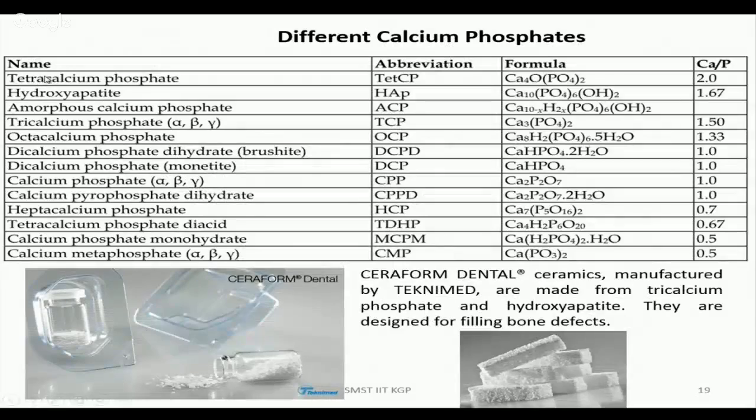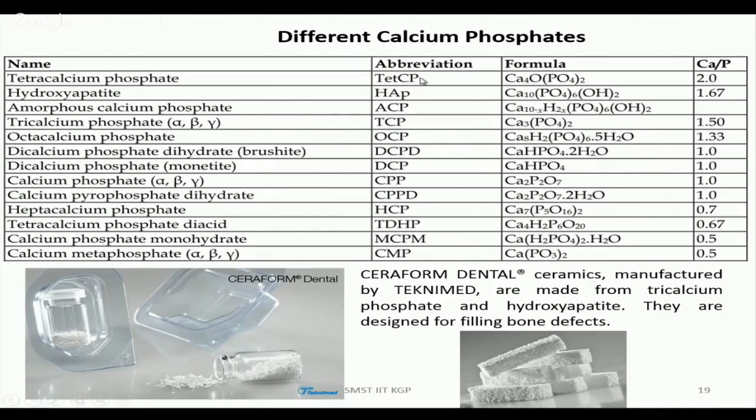So as you know, there are many different types of calcium phosphates available, and you'll be confused to see in the literature that somebody says OCP, somebody will say TTCP, somebody will say TCP, HCP, HA. Okay, so you should not be confused. That is why I put in one slide so that you can understand very easily.